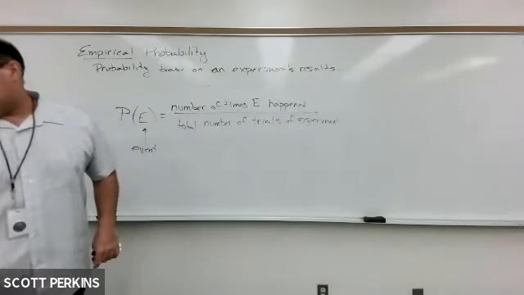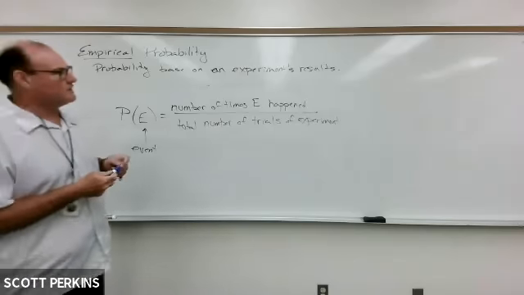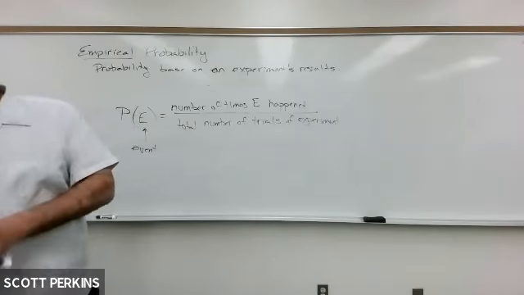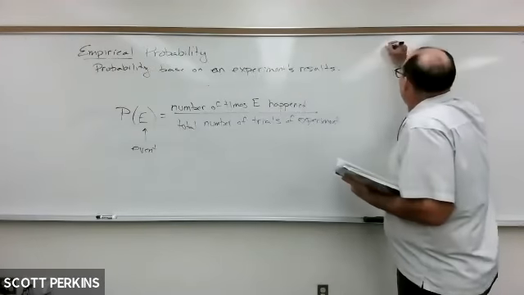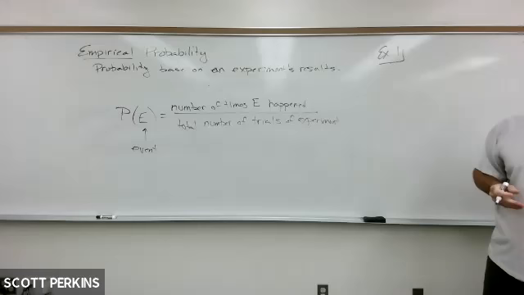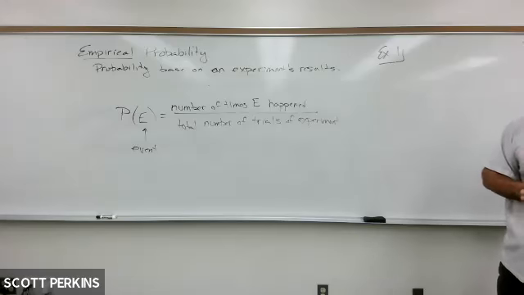Okay, so for instance, y'all don't have books. I probably should have typed this out. So I'm just going to real quick on the board write down some experimental results. This is just an example that I'm reading from the book. It says at a Little League concession stand, the last 40 purchases were as follows.